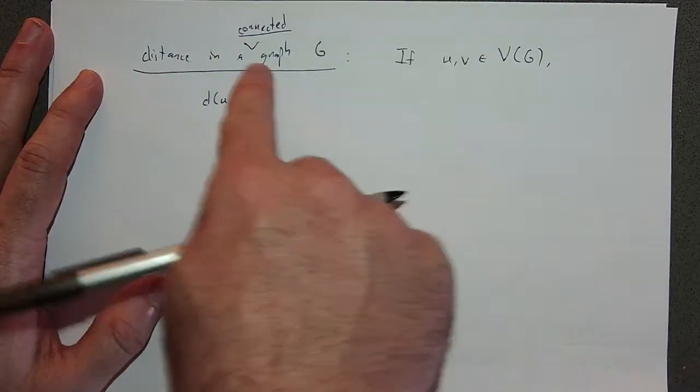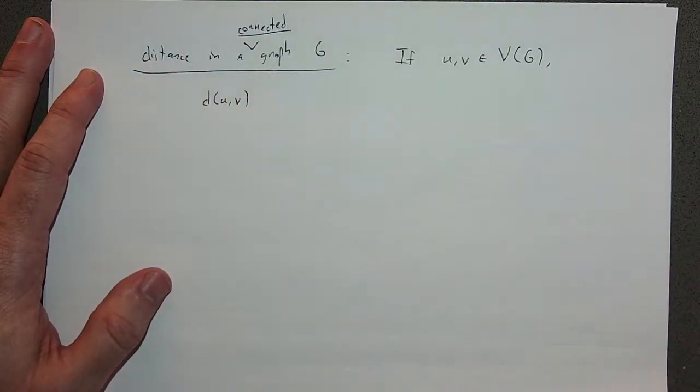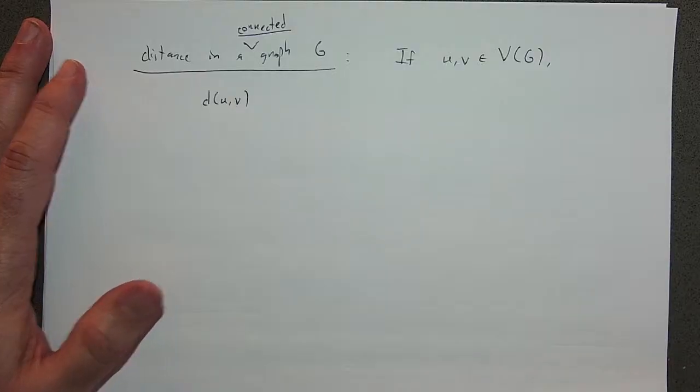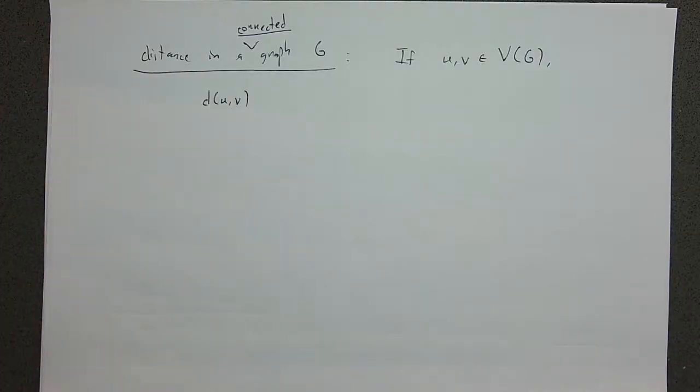But distance in a connected graph G, where every U and V is connected by a path. Remember, every U and V is connected by a walk in a connected graph, and because of the second theorem of graph theory, that means every pair is connected by a path, a UV path.